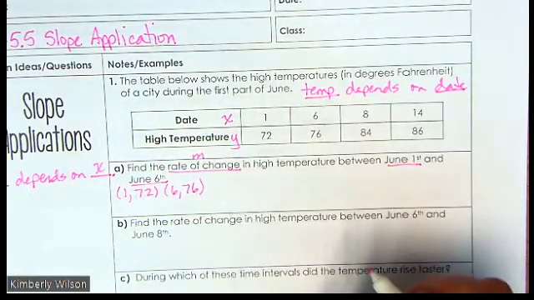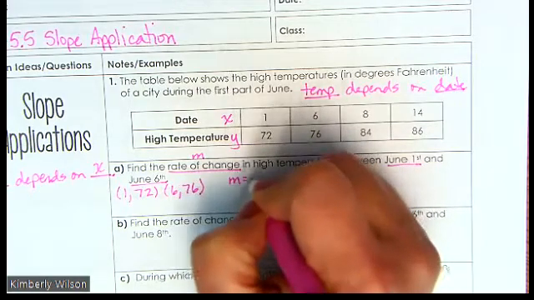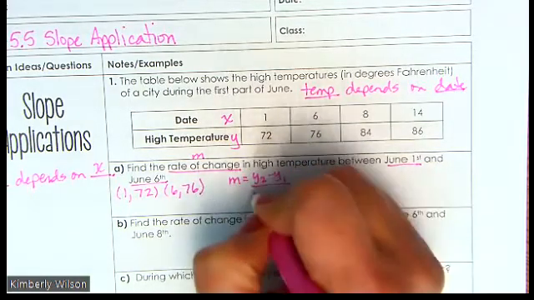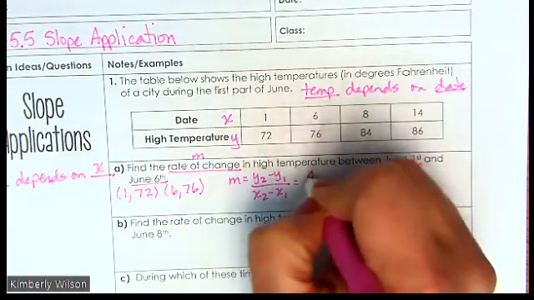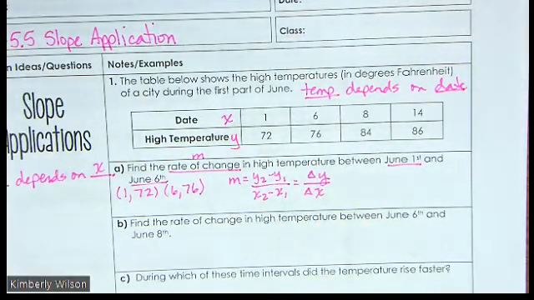And we remember our formula. The slope is y2 minus y1 all over x sub 2 minus x sub 1, or the change in y over the change in x. You can think about it either way.